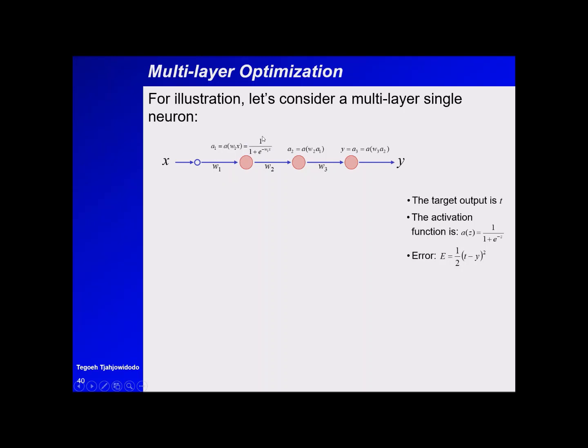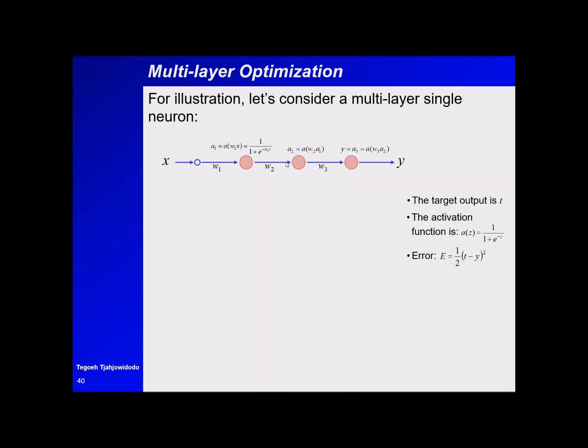So it will become like this. And let's call this value A1 now. And then we have to go through here. We have to multiply it by W2. So at this point, before we enter this node, we have a value of W2 times A1.